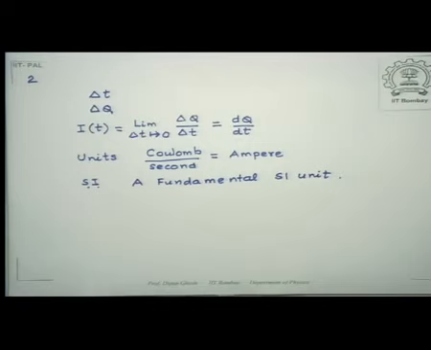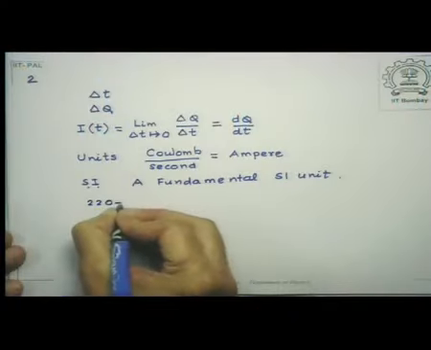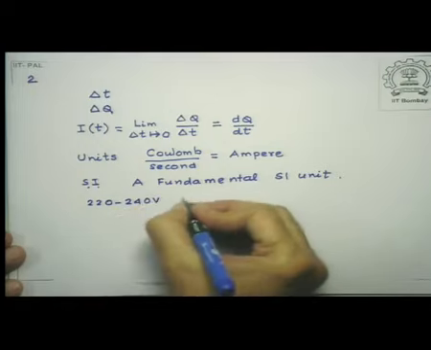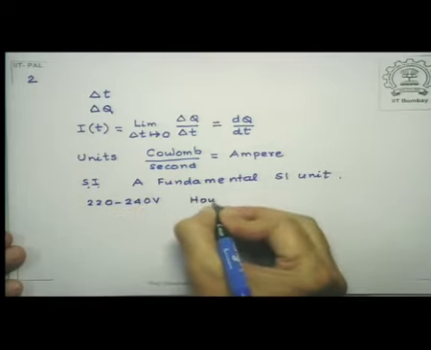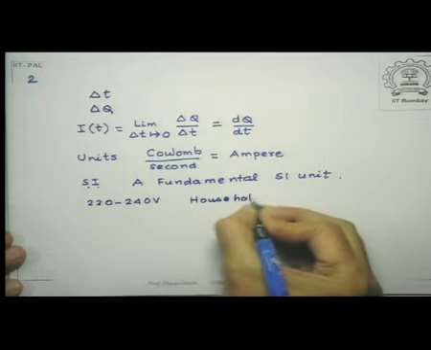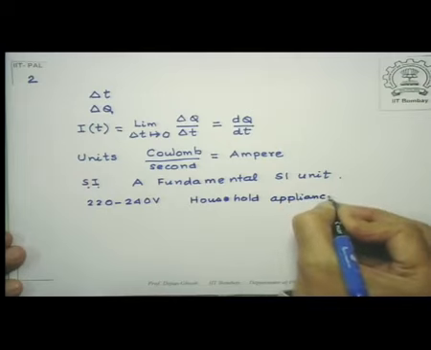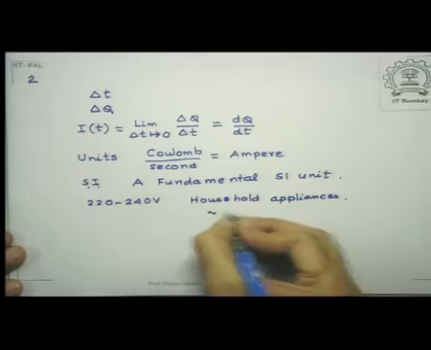So, let us go back to the cases that we talked about. For example, typical household appliances in India. You know that Indian electricity supply is in the range of 220 to 240 volts, and typical current values for household appliances are of the order of a few amperes, let us say of the order of 5 amperes or so.